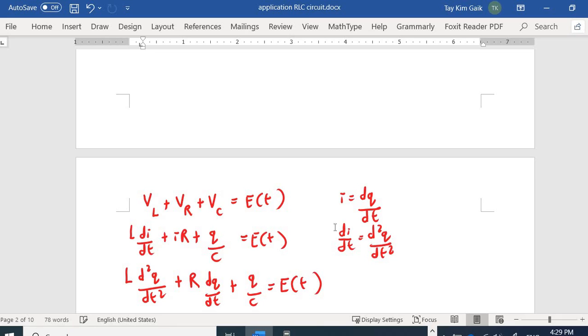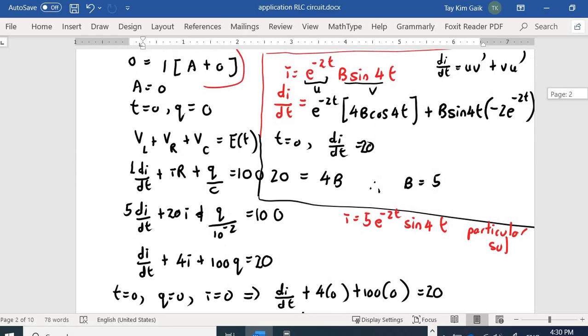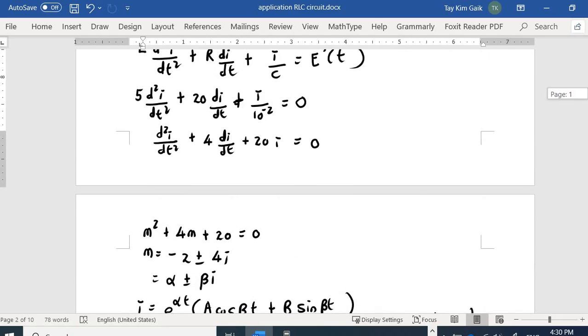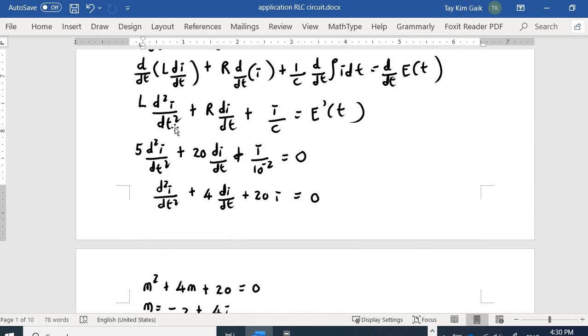So you compare: if you solve in terms of charge, L d2Q/dt2 plus R dQ/dt plus Q over C equal to E(t). But if you solve in terms of current I, we have L d2I/dt2 plus R dI/dt plus I over C equal to E prime(t).